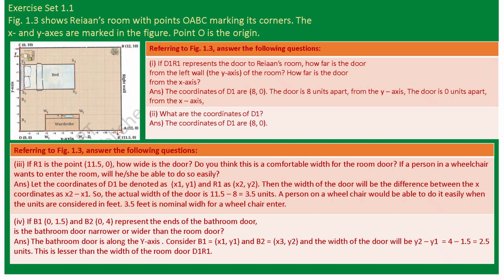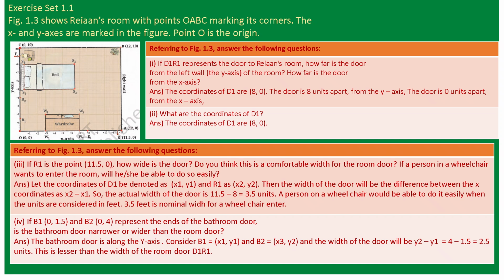If you locate it in the figure, the coordinates of D1 are 8, 0. The door is 8 units from the y-axis and 0 units from the x-axis. So the coordinates of D1 are 8, 0, as we can find from the given figure 1.3.